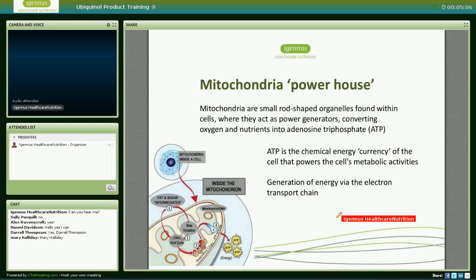In regards to the role of coenzyme Q10 in energy production within the body, it's found within the mitochondrial membrane.